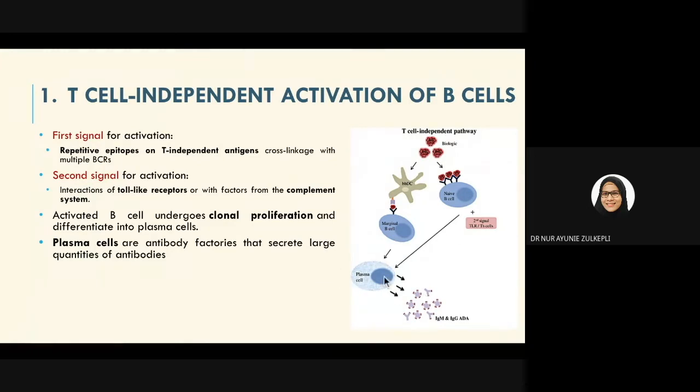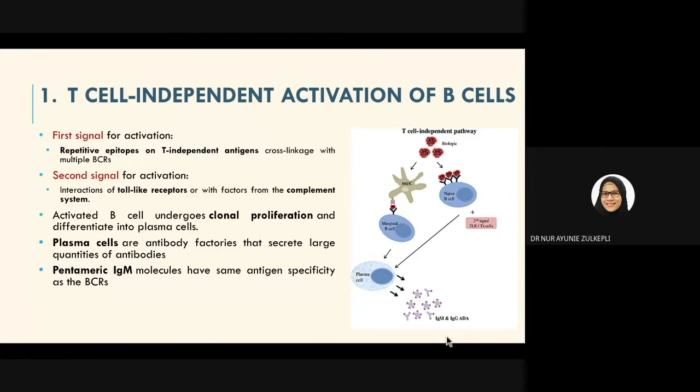Only then will this B cell be activated, and then it will undergo clonal proliferation and differentiate into plasma cells. So plasma cells are actually B cells in differentiated form. They have lost the BCR at the surface, but have a special ability to produce and secrete antibodies. The type of antibody released by the plasma cells upon activation of the B cells is pentameric IgM.